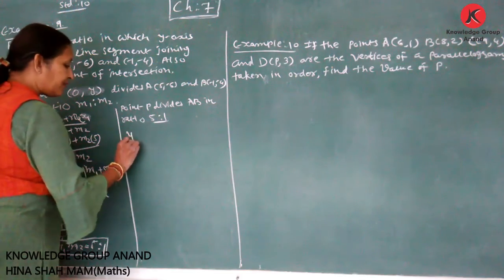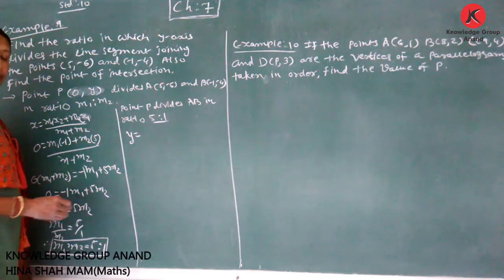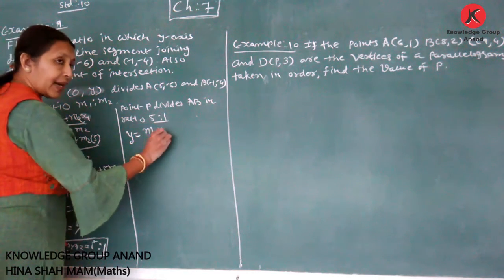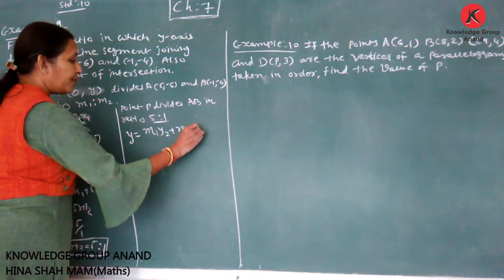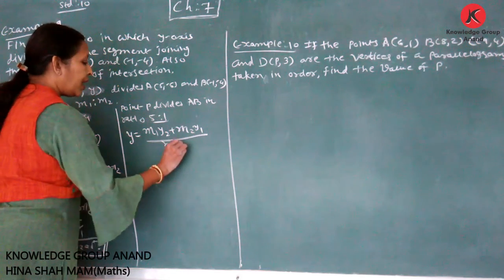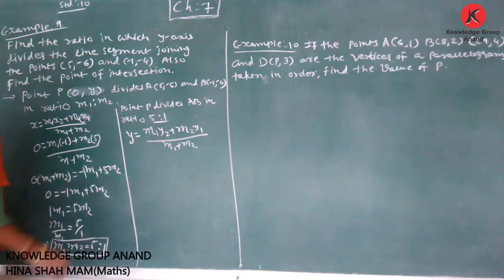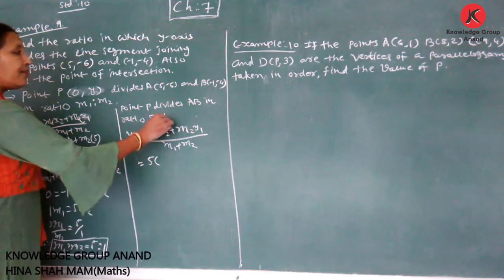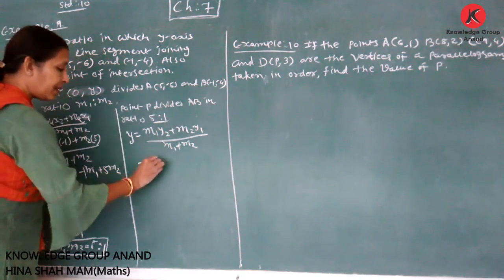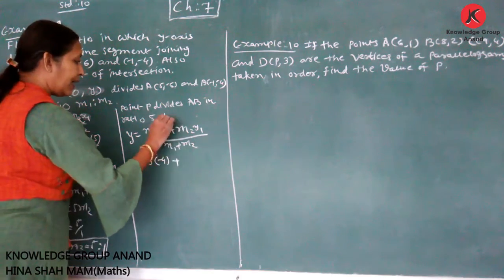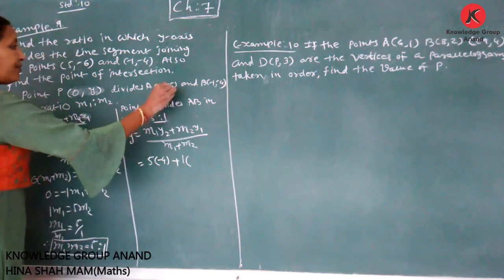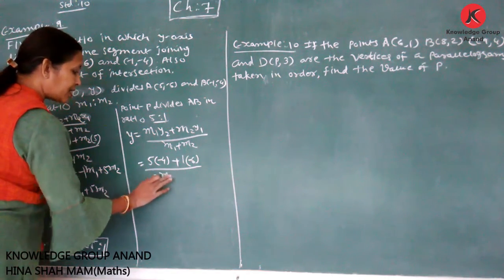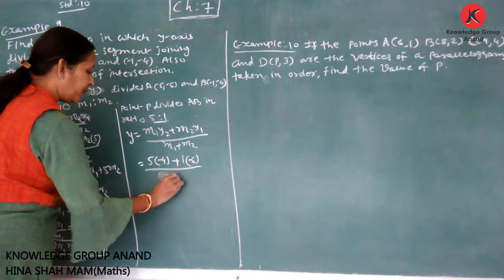Then using the section formula, y is equal to (m1 y2 plus m2 y1) upon (m1 plus m2). m1 is equal to 5, y2 is -4, m2 is equal to 1, y1 is equal to -6, upon 5 plus 1.